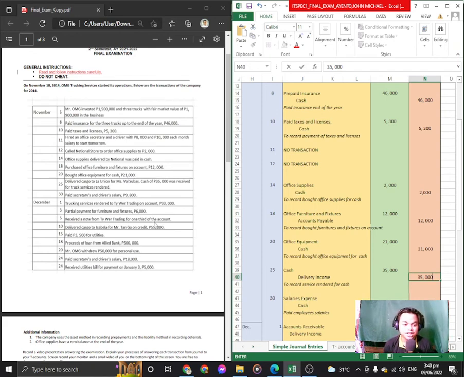November 30, paid secretaries and drivers salary at 9,800 pesos.